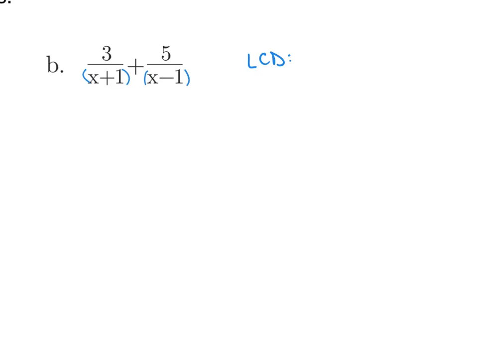And so our LCD on this one is going to be x plus 1 and x minus 1. Okay, so for the first fraction, we want to figure out what do we need to multiply by. Well, I have the x plus 1 in the first fraction.